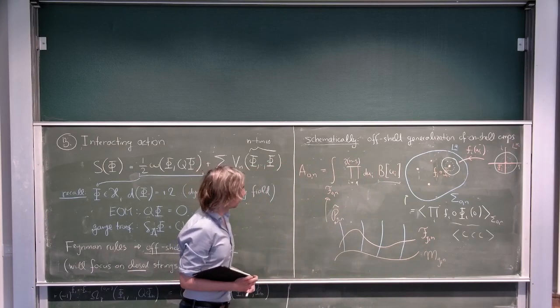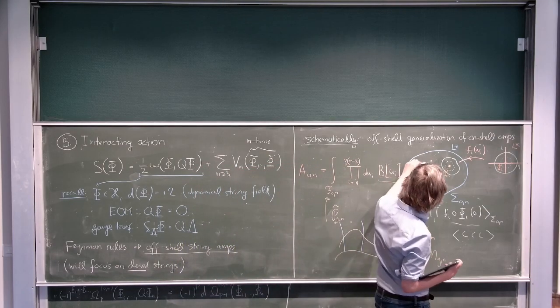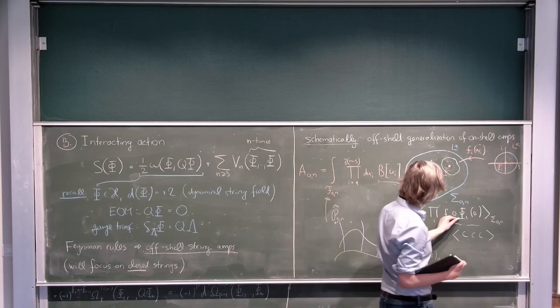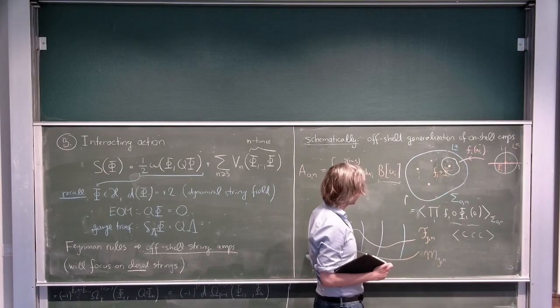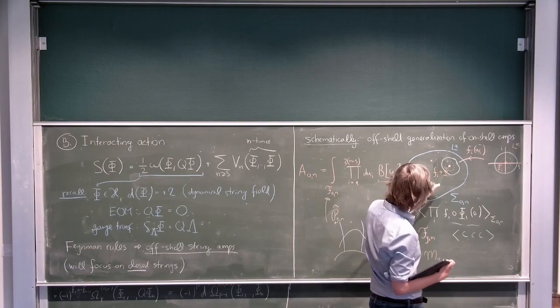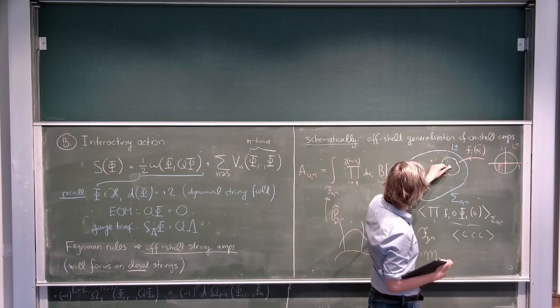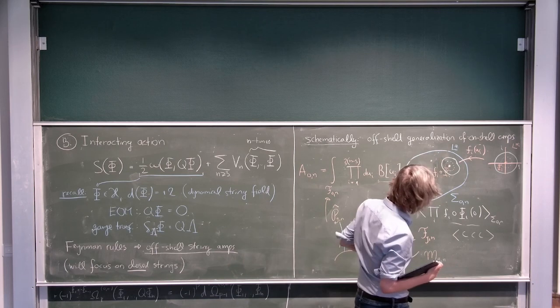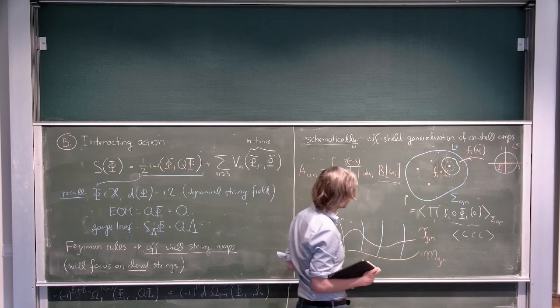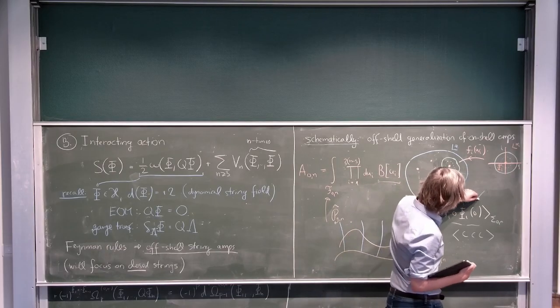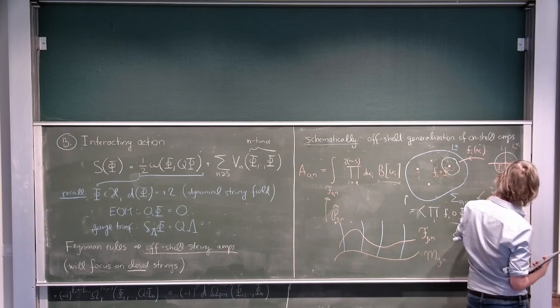Now, if each of these external punctures is supposed to be represented by the state phi at ghost number 2 in the closed string case, and there is a generic number of punctures equal to n, then I need to compensate. The ghost number coming from just these phi insertions would be 2n.